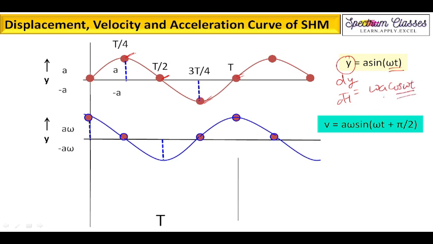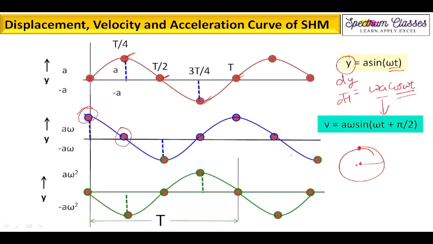This can also be written in sine wave form. If I put omega t equal to 0, then I will get the maximum value, right? If I put 90 degrees, then I will get 0. Similarly for the others. So what we have seen is, when my particle is at the origin, my velocity is at this phase, and when my particle is at this point, my velocity will be like this.